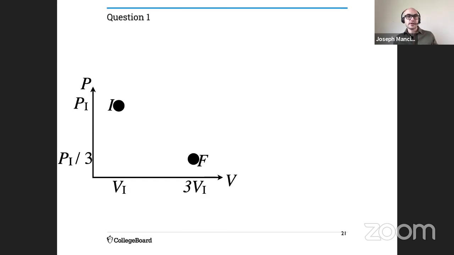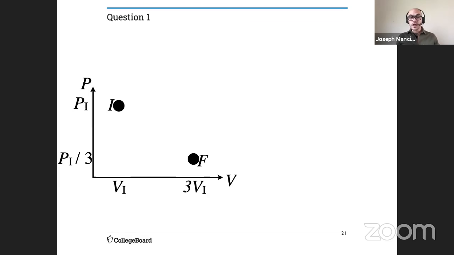Well, the temperature of the gas is determined by the unique combination of P, V, and N. And that's the same regardless of how the gas gets from point I to point F. The internal energy at point F is the internal energy at point F, regardless of the path. So the change in internal energy is the same for both of those.